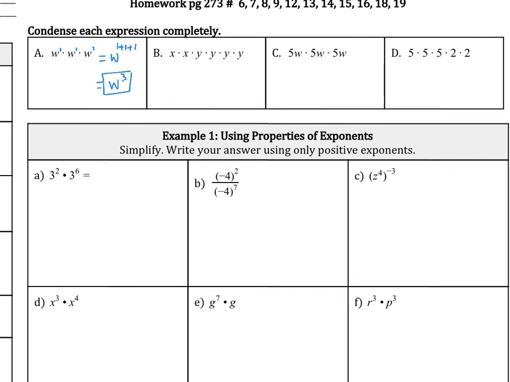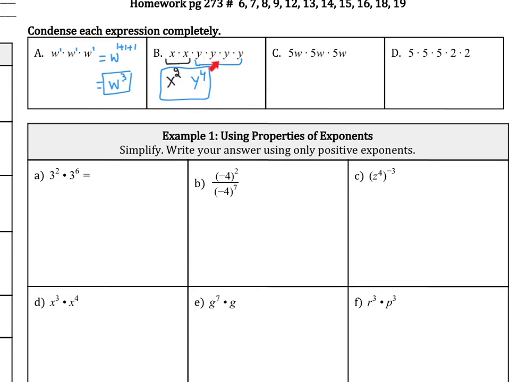For letter B, you're going to combine the x and x. So x times x is x squared. And then you're going to combine the y times y times y times y. So they're y to the power of 4. You can also think of this as having powers 1, 1, 1, and 1.